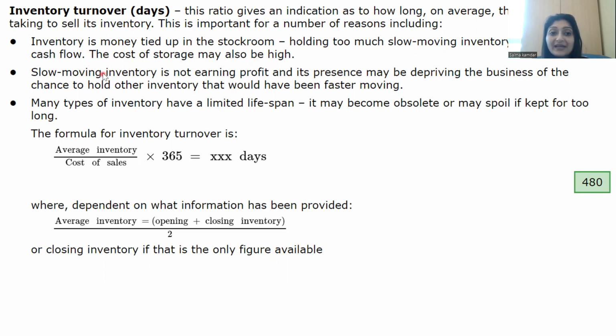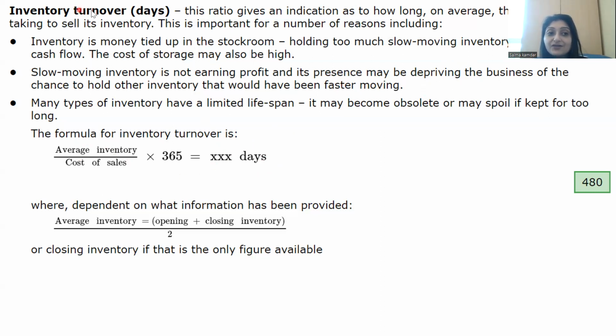If you have slow moving inventory and it is not giving profits, then it should be moving faster. So the inventory turnover ratio in days gives you an indication whether the inventory that you're having is slow moving inventory or fast moving inventory.